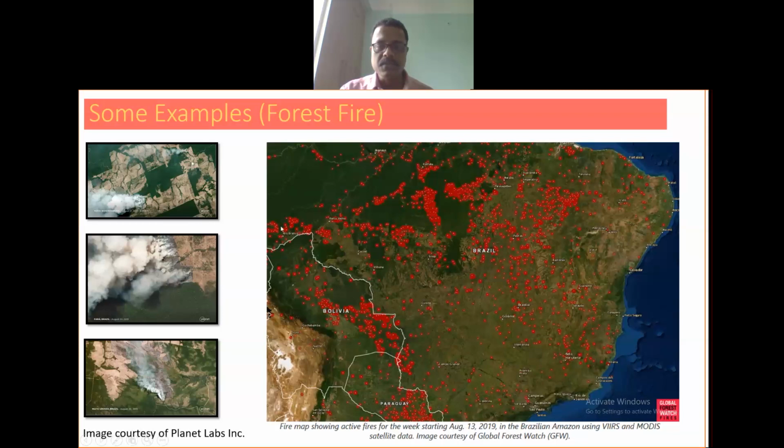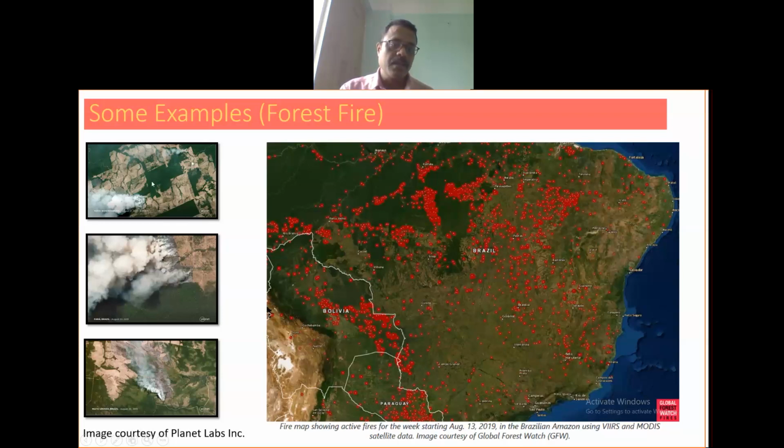You can see almost all the red dots representing the forest fires that were occurring. It involves parts of Brazil, Bolivia, Paraguay, and then on top, Venezuela, those countries.